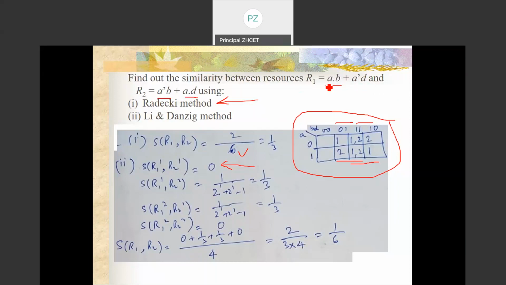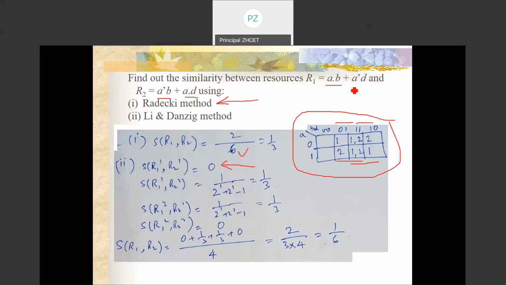And also their intersection is not null. So 0 will not apply. We'll apply the formula instead. So 1 upon 2 to the power 1 plus, because D is here but not here, plus 2 to the power 1 because B is here but not here, minus 1, which is 1 by 3, right?